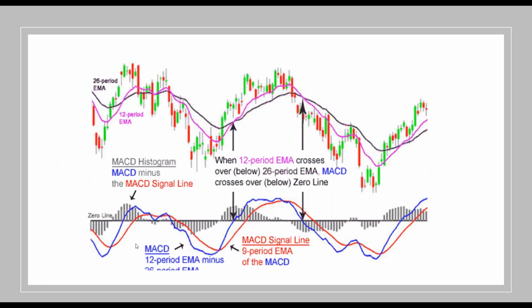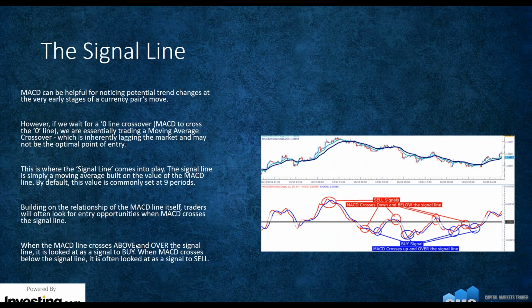When the MACD line crosses the signal line, above or below, it gives us different signals. So when MACD crosses down and below the signal line, so in our graph, when the blue line goes below the red line, we then are generating a sell signal.